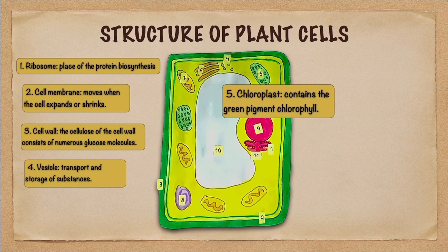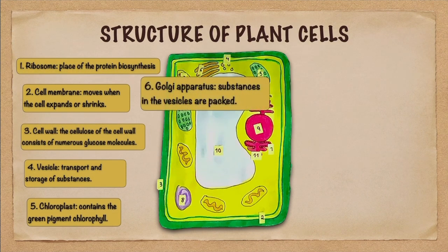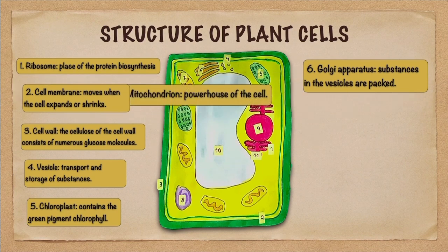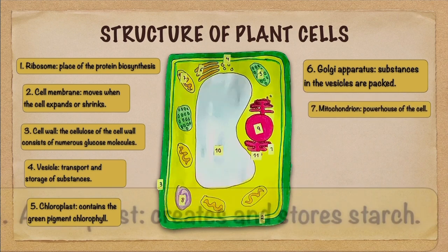And that's the thing that makes some plants be green. Now we have the Golgi apparatus. Here are the substances in the vesicles packed, again. Now we have the mitochondrion. It is the powerhouse of the cell, again.